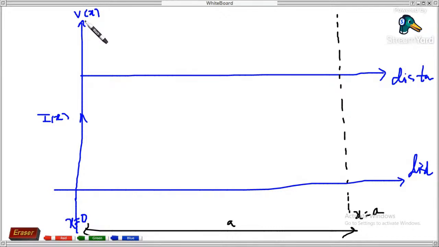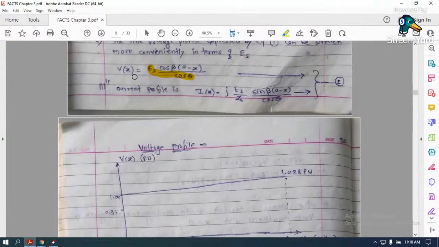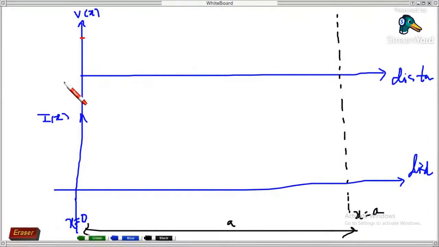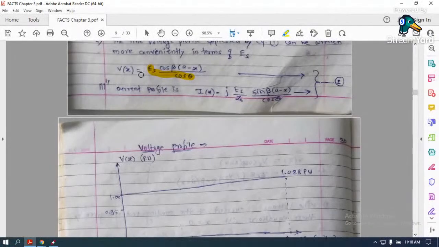Focus on only the equation of V of x. V of x is equal to ES cos beta (A minus x) upon cos theta. Okay. Now we are interested initially in the sending end side. What is x? 0.